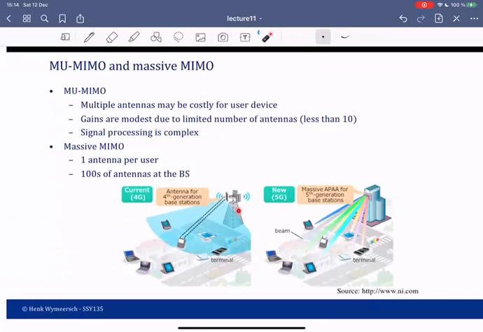In 4G, by sending signals, you will cover multiple users, and you will then do pre-coding to help the users recover their data. In 5G, because you have these lots of antennas, you can create basically dedicated spatial streams per user with very limited processing, even when each user only has a single antenna.